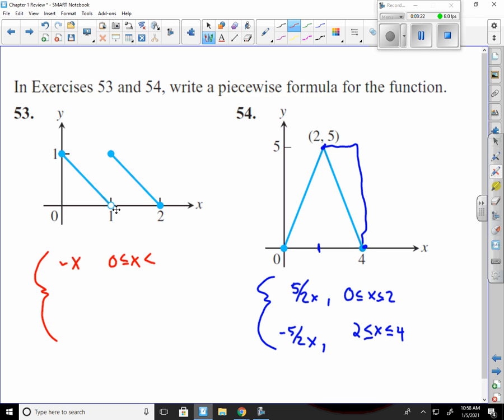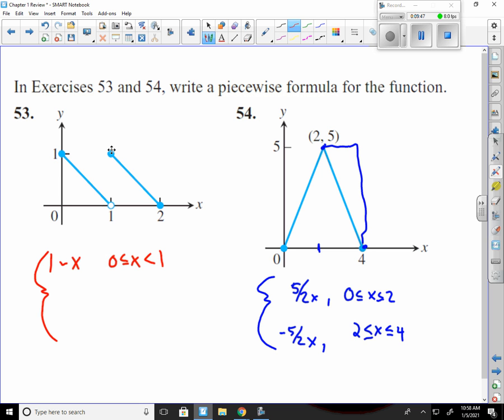You'll notice the open circle, that tells me that I'm going to leave it just less than 1. And by the way, this started at 1 minus x. Since it started at 1, it's got to be 1 minus x, sorry.